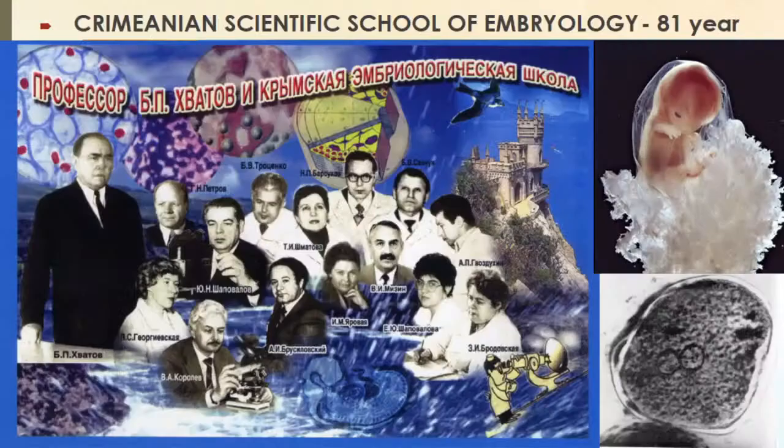Next, we're talking about our Crimean Scientific Embryological School. This year we celebrate 81 years of this scientific school. We have seen here, of course, one of the early stages of human development, the two pronuclei of the zygote before fusing, which was made in our department. And also we have seen here the fetus in the amniotic sac, and the chorion.